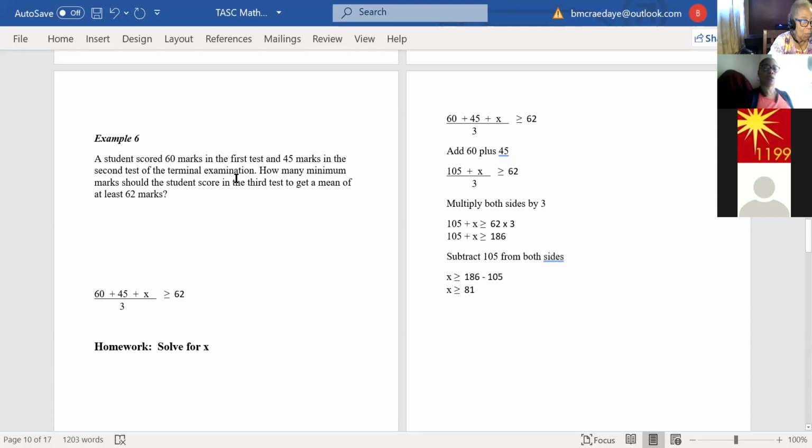How many marks on the third test. Yes, the third test. The minimum marks the student should score on the third test is a number greater than or equal to 81. So this number represents the minimum mark the student must score on the third test.